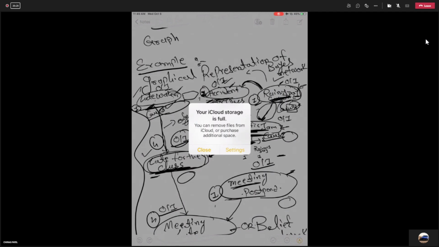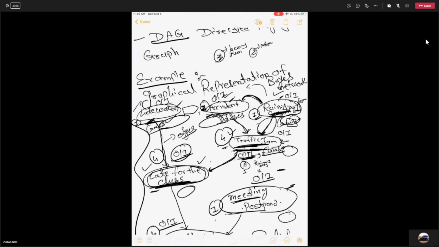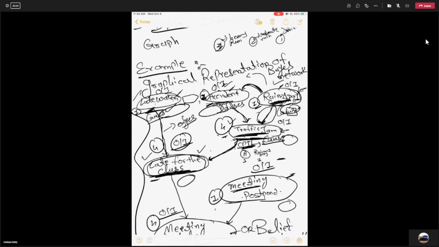And if we are taking such type of parameters, if we are taking some other state, not a multi-value state, where three means heavy rain, two means moderate rain, one means light rain, and zero means no rain.